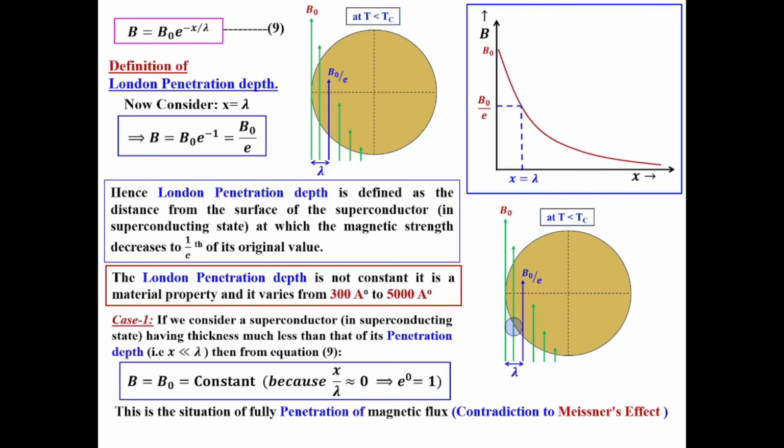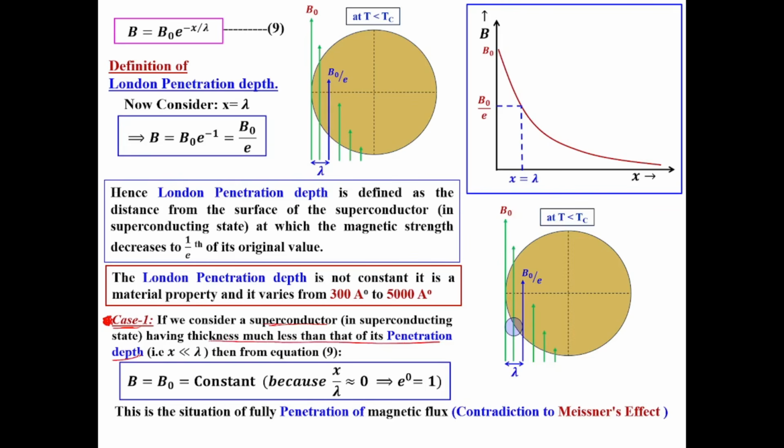Now we are going to consider case 1. Just try to understand. Case 1: we consider a superconductor, in a superconducting state obviously, having a thickness much less than its penetration depth.